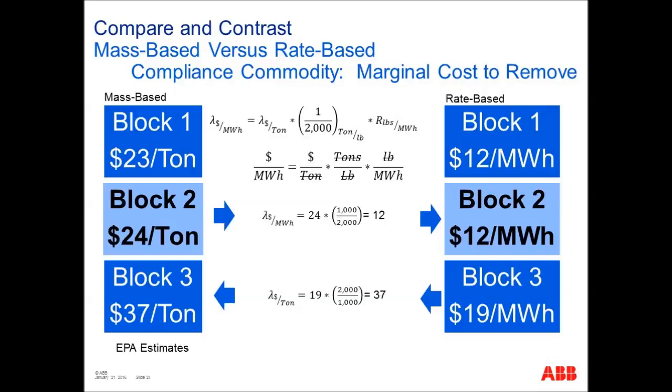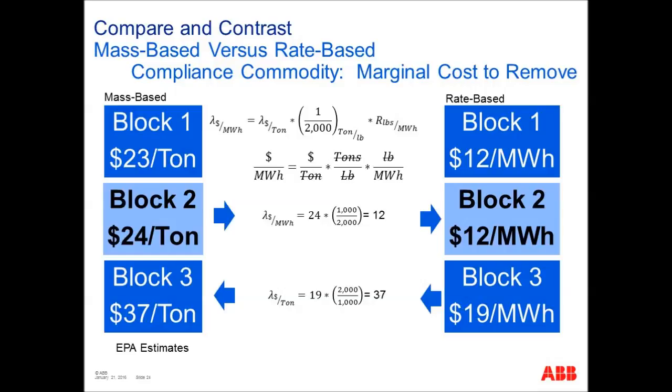And these are the mass-based goals. Well, the challenge is you need a set of rate-based goals that are comparable. We have a change of units, and we have a change in what we're using as our carbon emission rate.